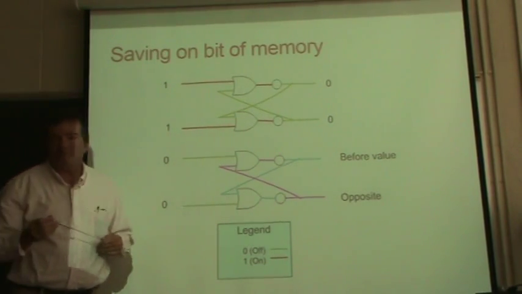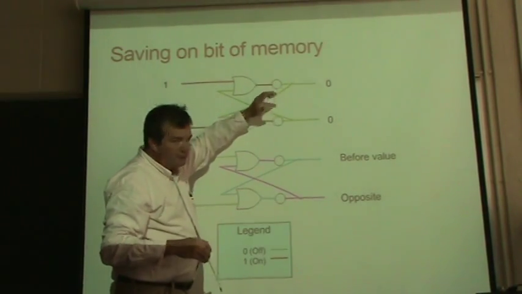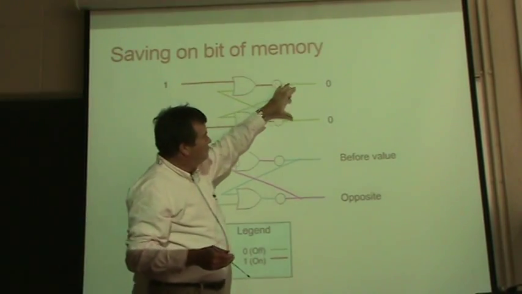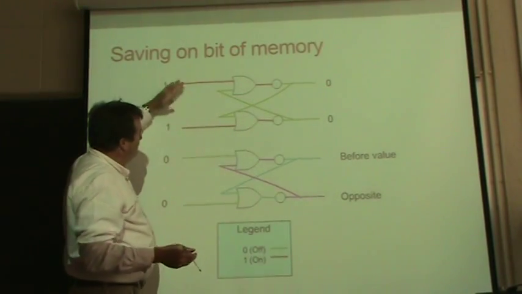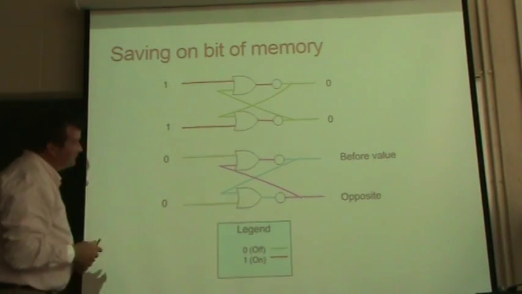So the output will definitely be 1. It'll go through the 2 NOT gates, turn to 0, and the zeros get fed in on the other side. So if we set this to 1 and this to 1, the 2 outputs are 0. That's kind of uninteresting.